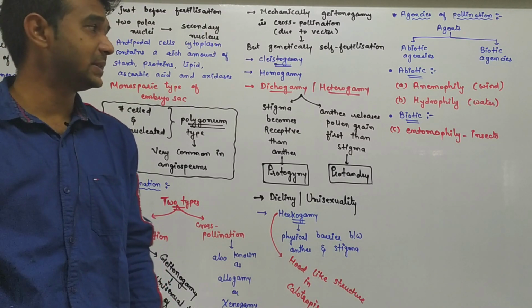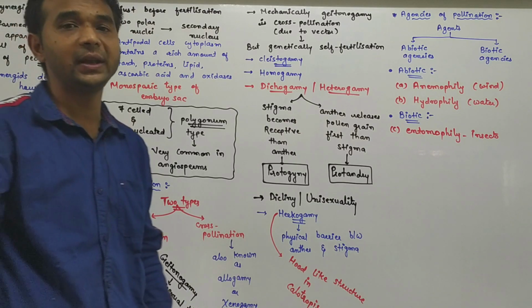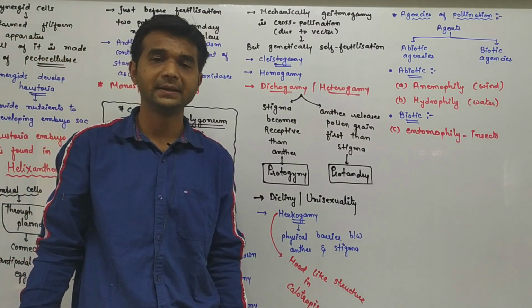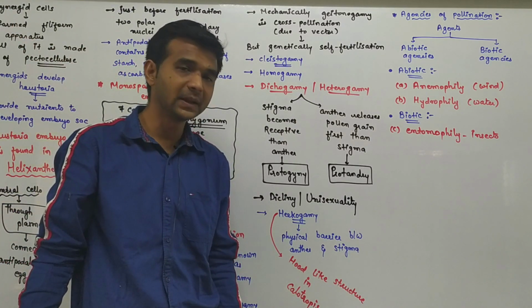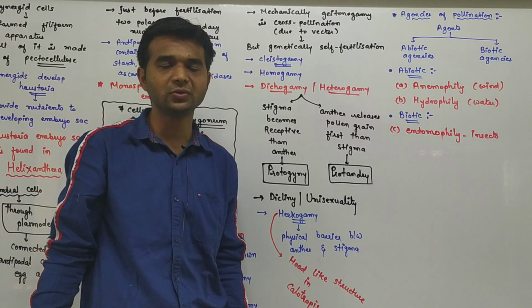Actually, entomophily is a subtype of zoophily. Pollination through animals is known as zoophily.